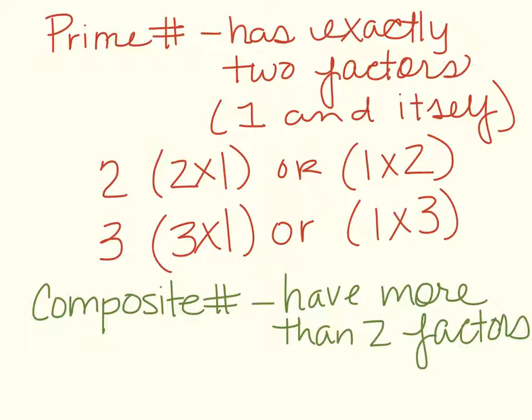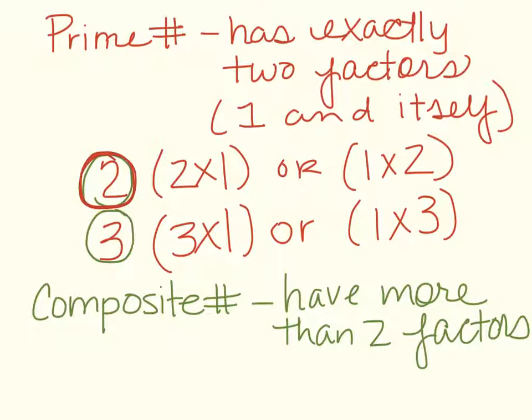Composite numbers have more than 2 factors. Now, you can see 2 and 3 are prime numbers. Let's take a look at a couple of other numbers so you have a contrast with prime numbers to composite numbers.